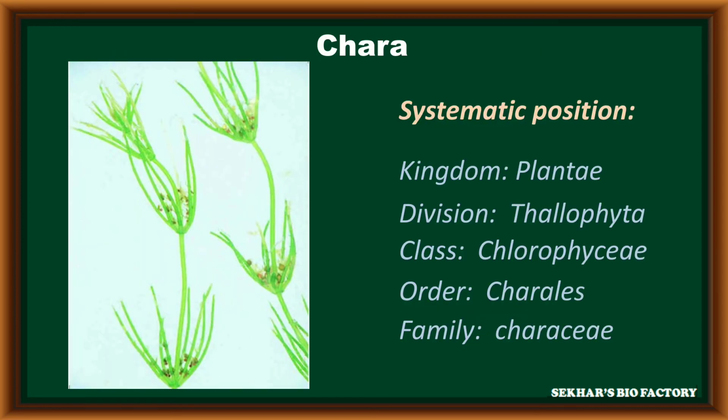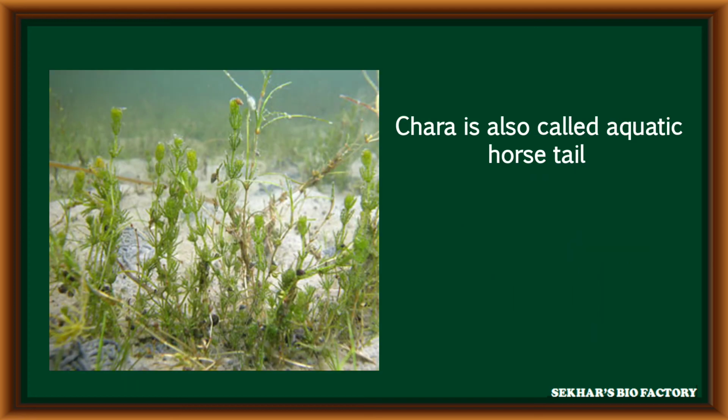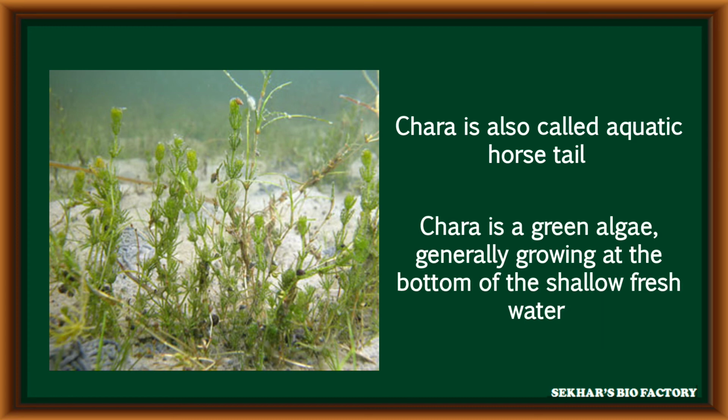The last example is Chara. The systematic position of Chara is: it belongs to plant kingdom, Thallophyta division, Chlorophyceae class, Charales order, Characeae family. Chara is also called aquatic horsetail. These members generally grow at the bottom of shallow fresh water.